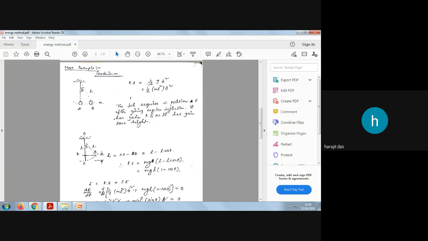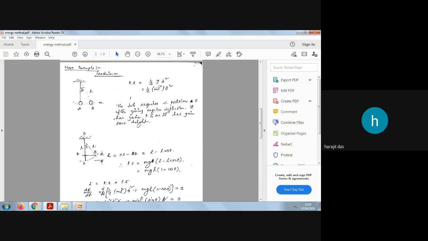In mechanics, all of you have studied that the kinetic energy of the bob will be half I theta dot square. Theta dot is the angular velocity, and I is the moment of inertia of this mass with respect to the axis passing through this point O, which is perpendicular to the screen.